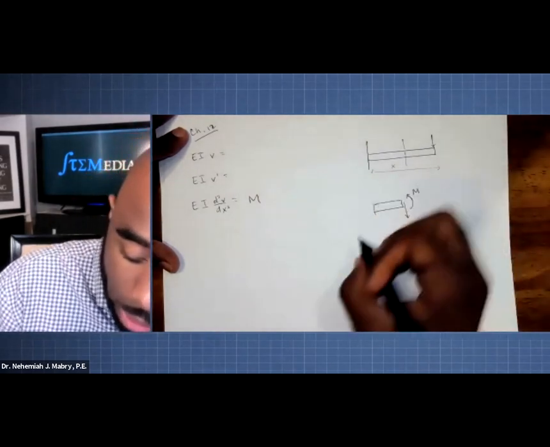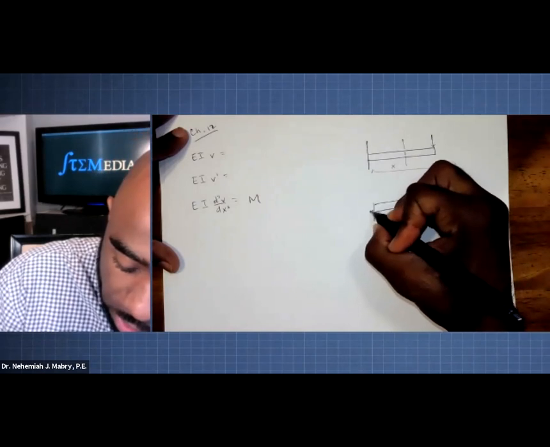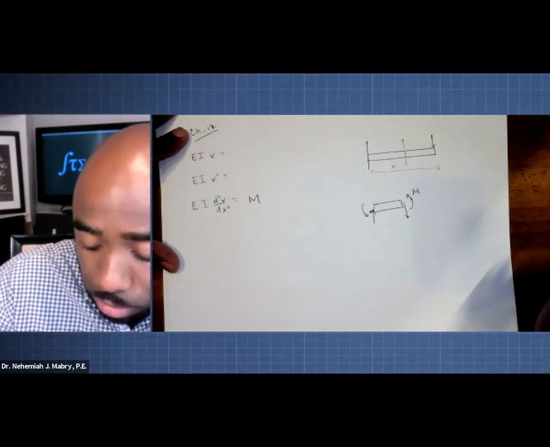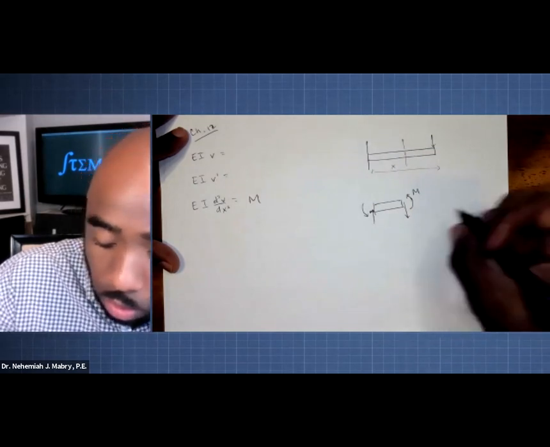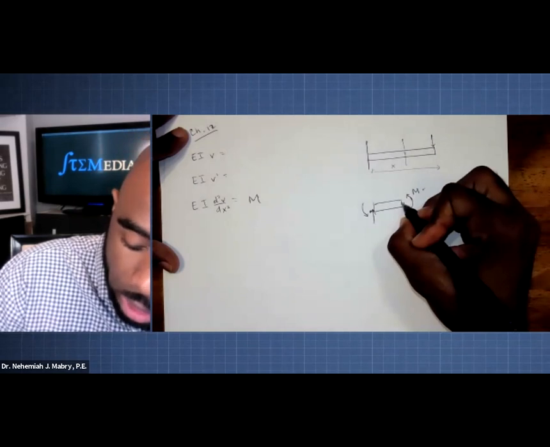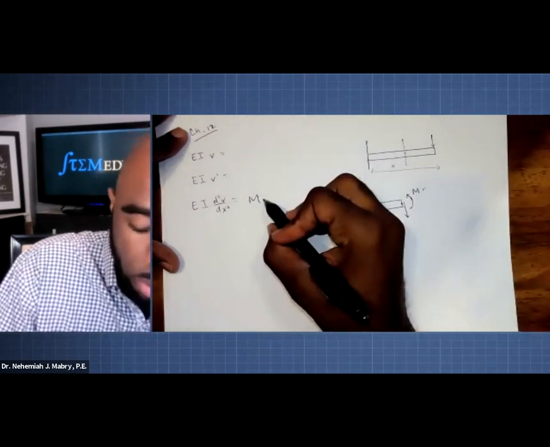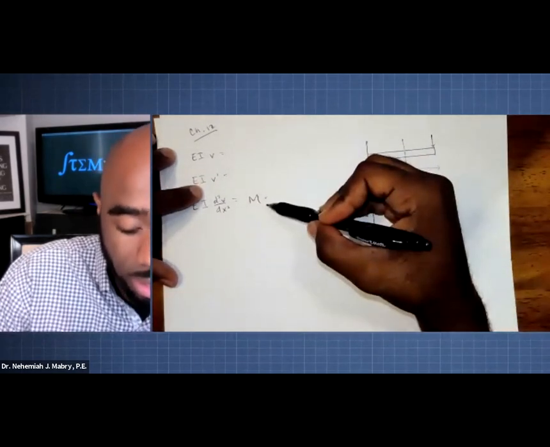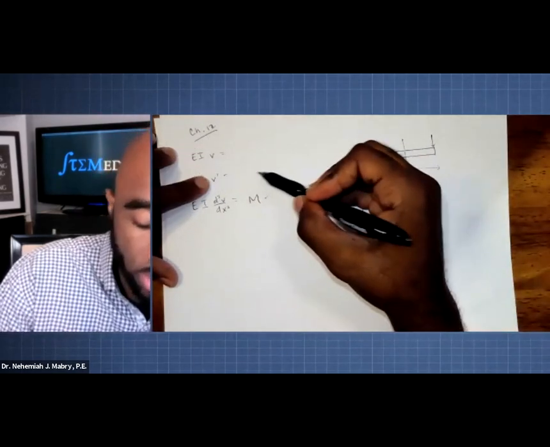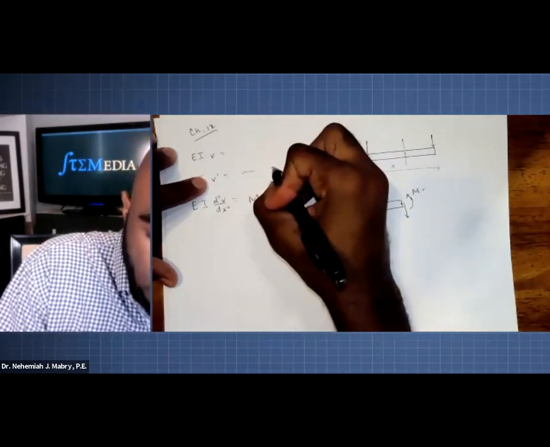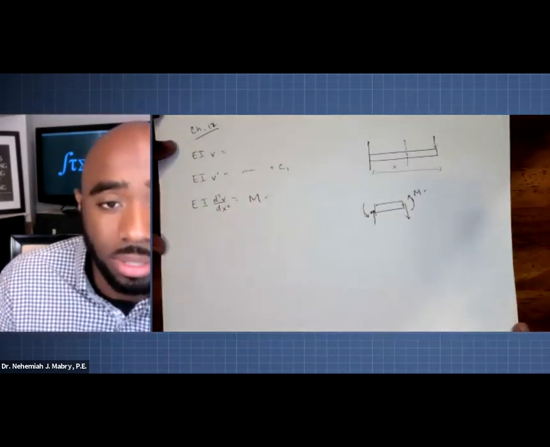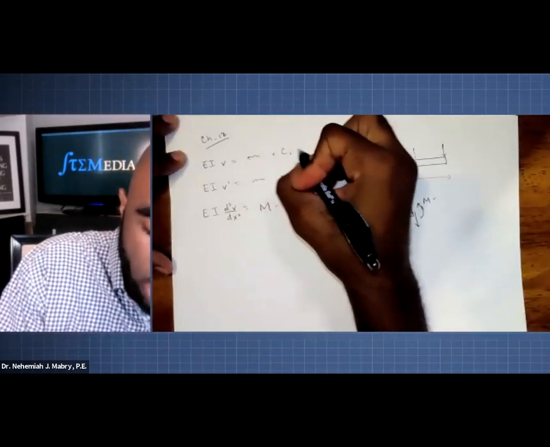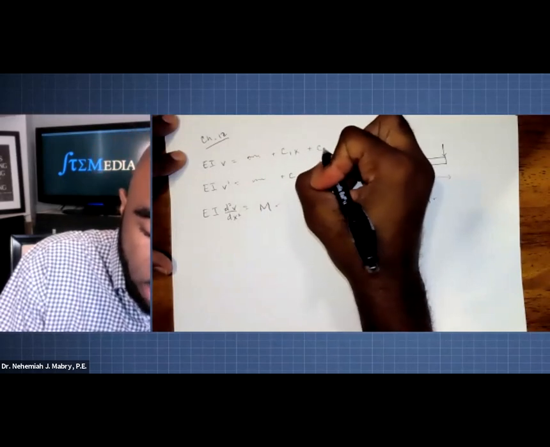Obviously this one will have a reaction here, probably a moment reaction here, or what have you. Whatever equation you get when you solve for the moment about the cut gives you your first equation. You're going to take the antiderivative to get this equation, which is some term plus C1. And then you're going to take the antiderivative again, which will be some term plus C1x plus C2.